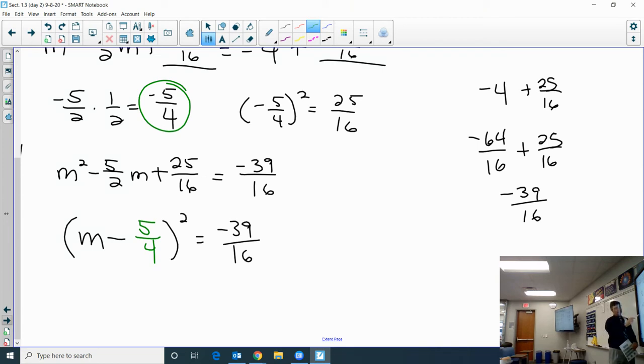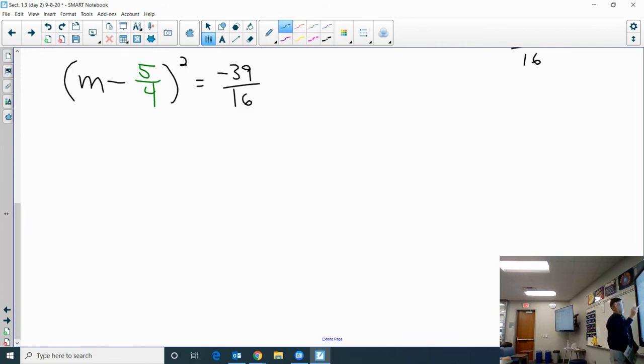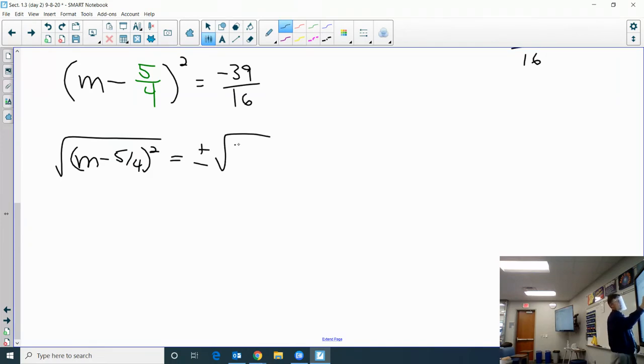All right, now take the square root of both sides. M minus 5/4 squared equals plus or minus the square root of negative 39/16. Well, the square root of m minus 5/4 squared is m minus 5/4. I want to treat it as the square root of the numerator and the square root of the denominator.